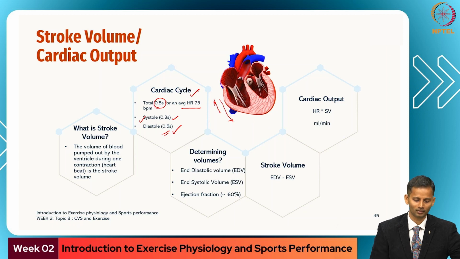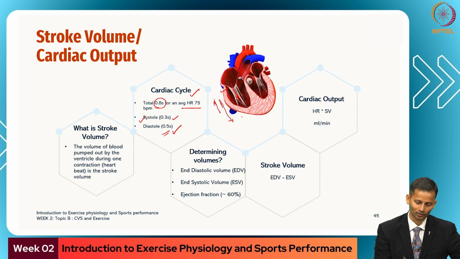So if you again pay attention, as the heart is relaxing, the valve is open, the blood is coming inside and it is filling. It's in the right and it's in the left. Both sides happen. Because of which the volume increases.